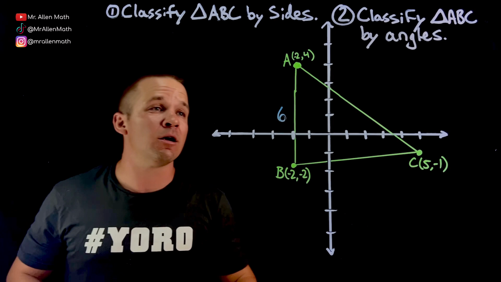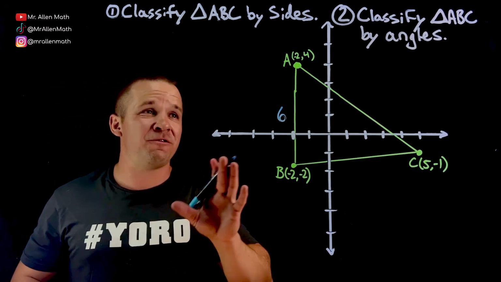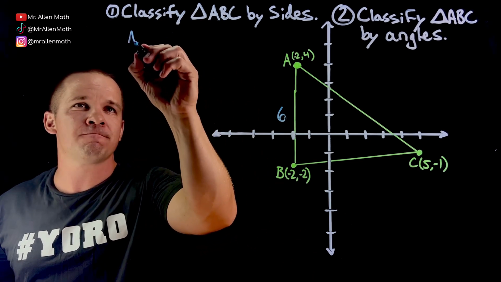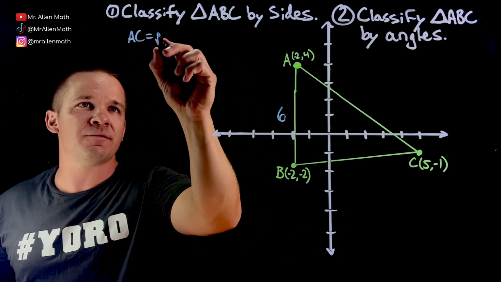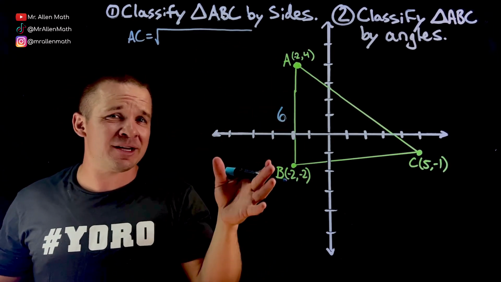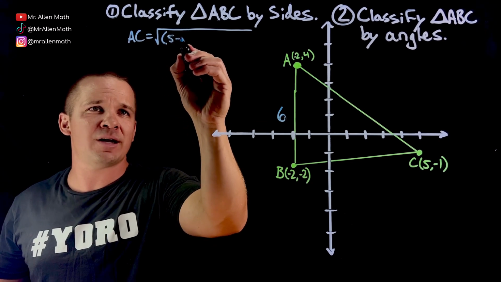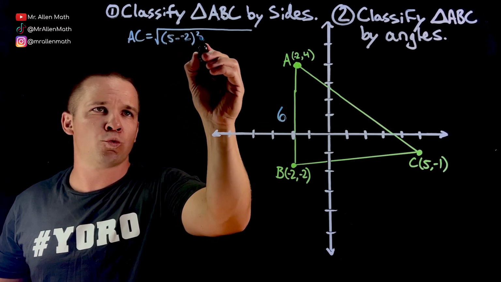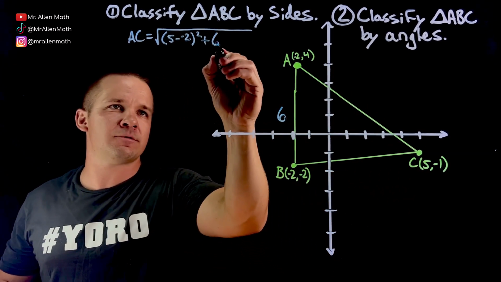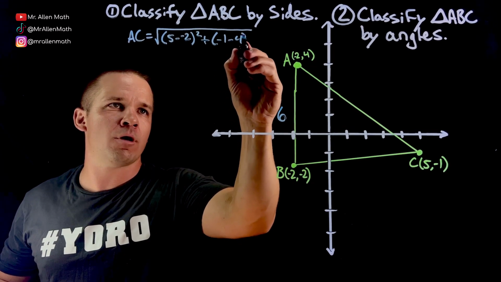Now next here, I actually have to use the distance formula to figure these other ones out. I'm going to do a little bit of the work up here. So for AC, I'm going to have the square root of x2 minus x1 squared, so 5 minus -2 squared, plus -1 minus 4 squared.